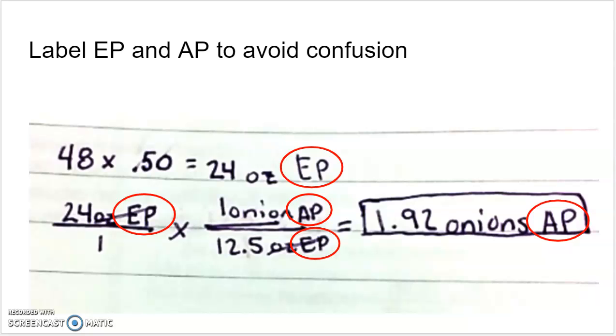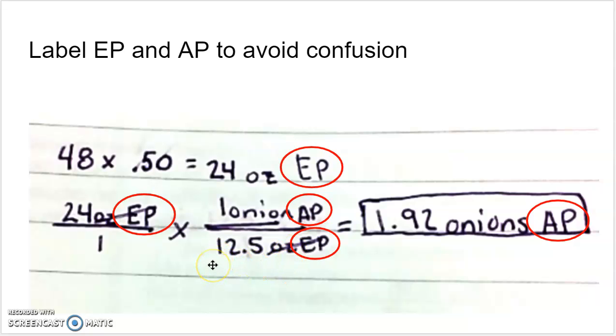And so this is just an example of a great job that a former student did of just labeling everything as you go along. It doesn't take an extra minute to do that, but you're way more likely to get things right. So especially things like this where you see this is a book of yields number, and so you want to be really careful about knowing that in this case she's starting with EP and trying to go to AP, and so she's carefully labeled her conversion factor from the book of yields as AP over EP.